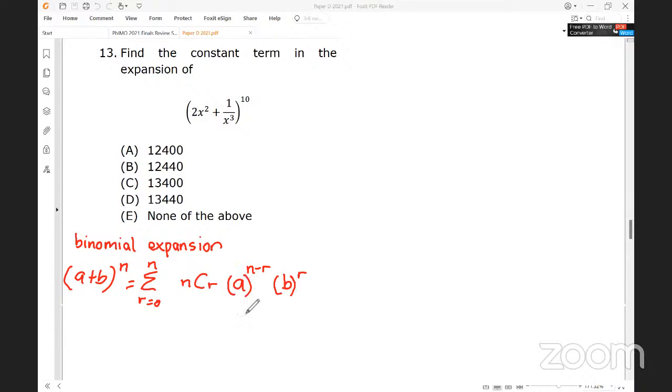Just like this. We will use this one. This is the complete formula.